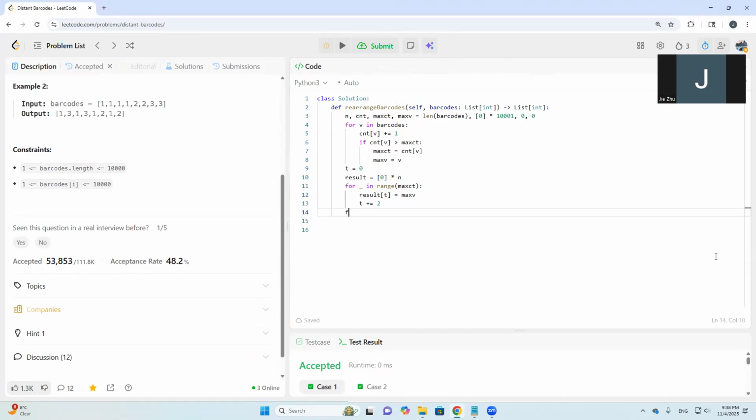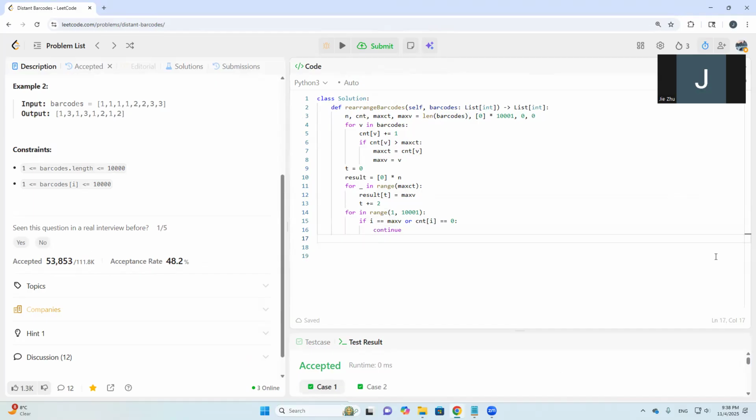Then for i in range from 1 to 10,001, if i equals max v or count[i] equals 0, we just continue.